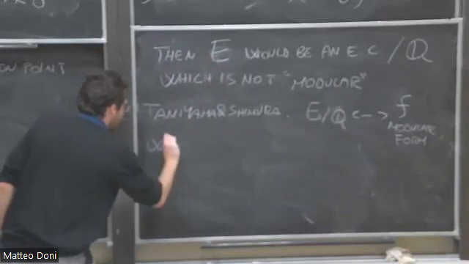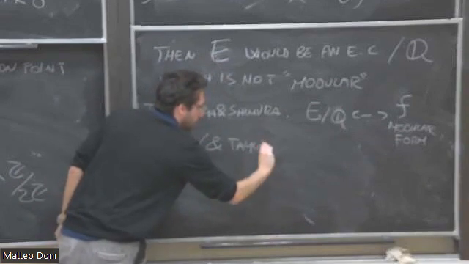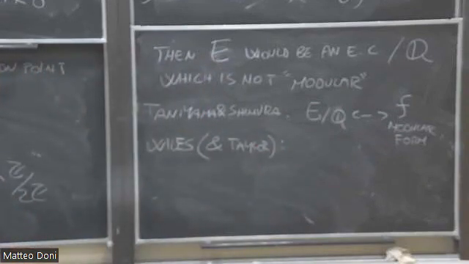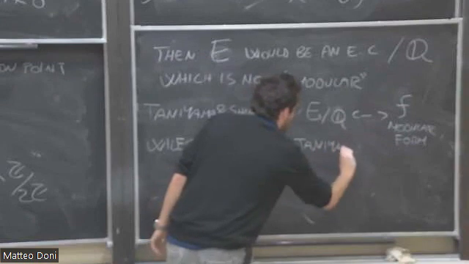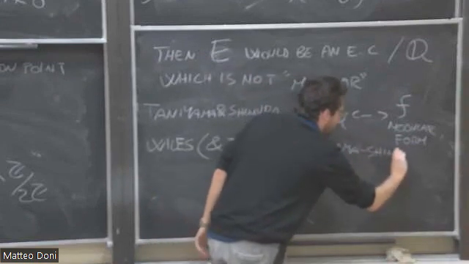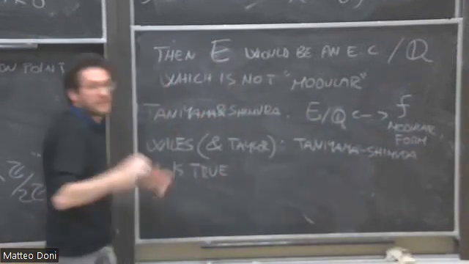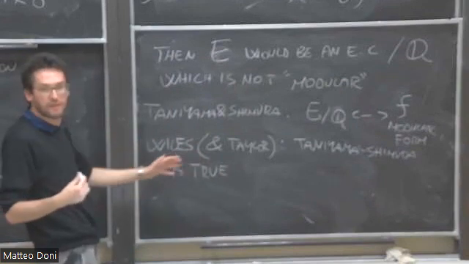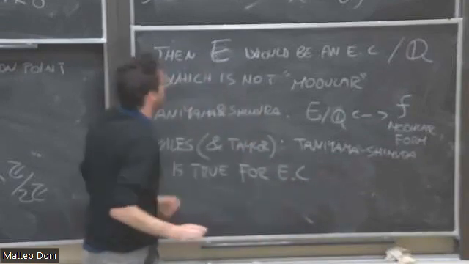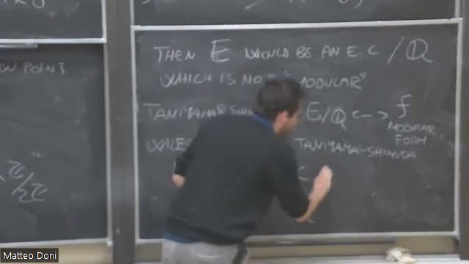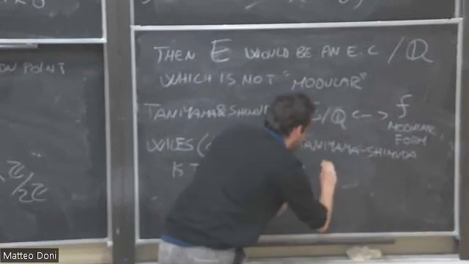And what Wiles, with decisive help from Taylor, did was to prove the Taniyama-Shimura conjecture. It's true not in general, in the sense that they did not prove this in general, but for the elliptic curves related to the Fermat problem.